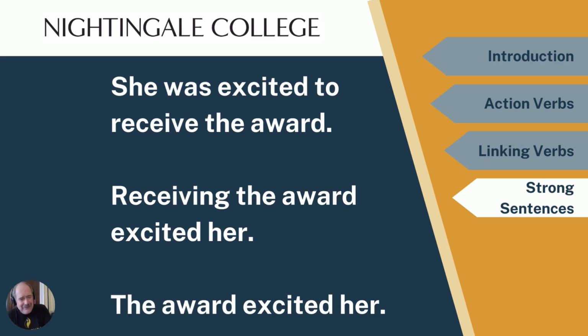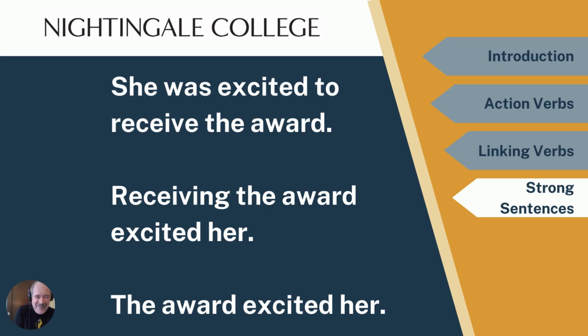It can get a little fuzzier. She was excited to receive the award. Okay, again, perfectly grammatical. Maybe a little weak. Receiving the award excited her. So we've changed our verb from was to the verb excited. Notice here too that in the first sentence, the word excited is actually an adjective describing she.